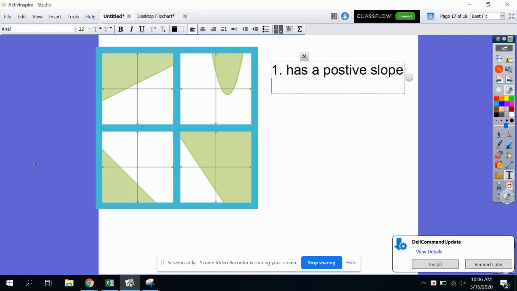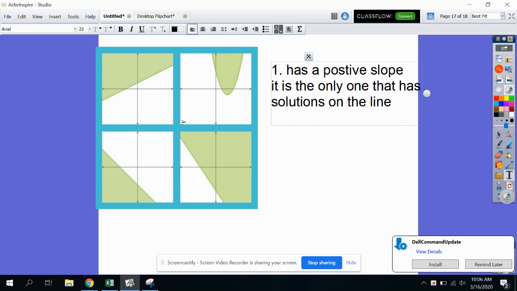The only other thing I'm seeing, and this one may actually be better, is that it is the only one that doesn't have a dotted line. So it is the only one that has solutions on the line. Again, I'm just stating what's different. This one's increasing, and it also is an equal line.